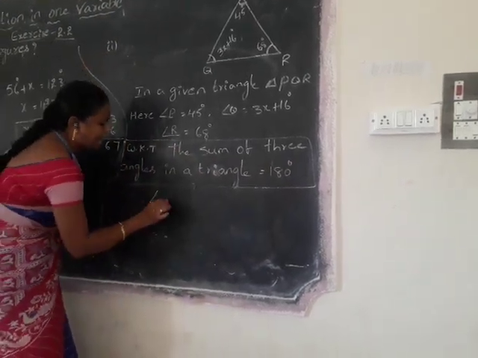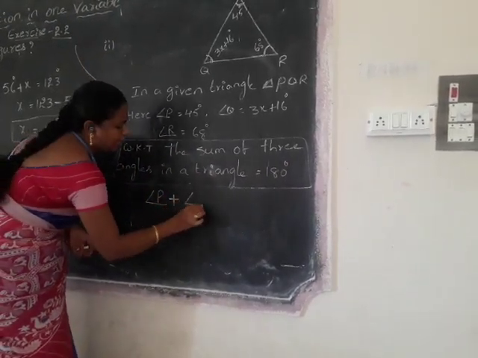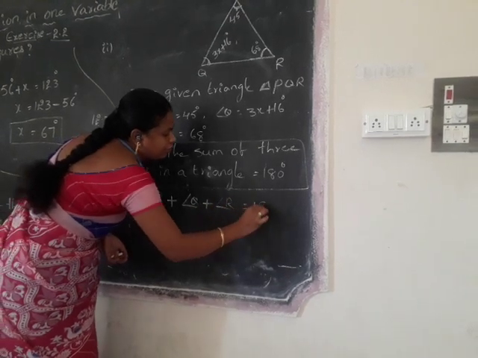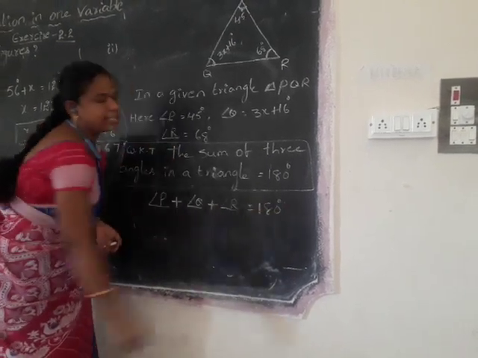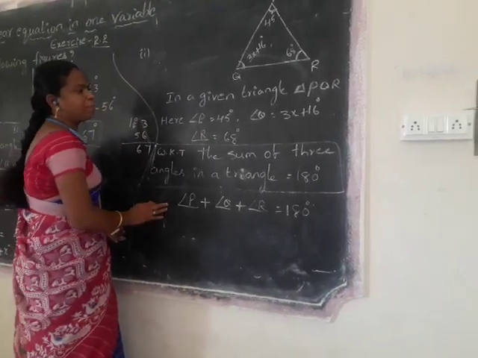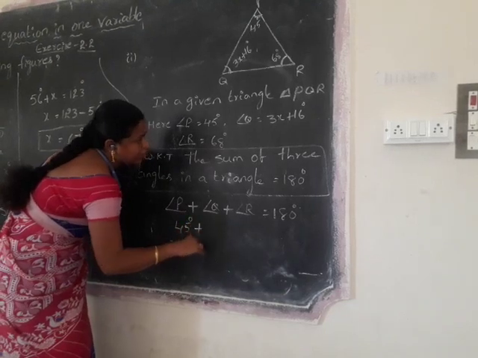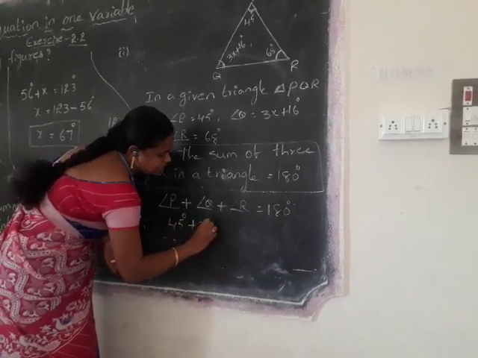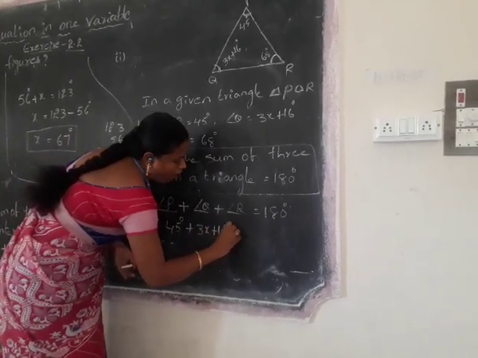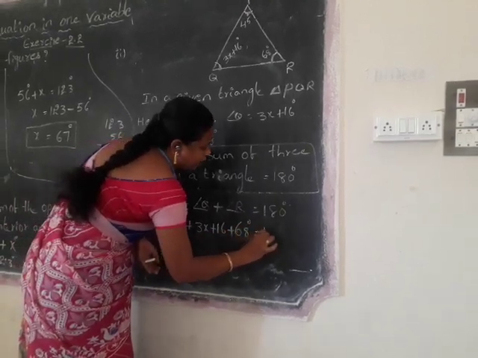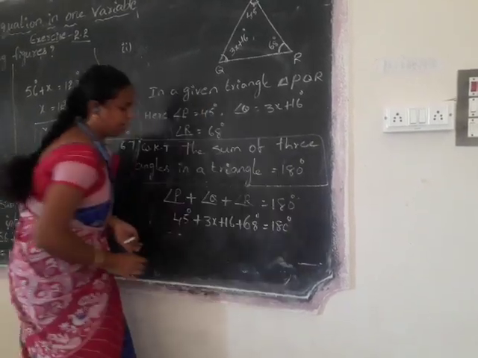Here the three angles are angle P plus angle Q plus angle R equal to 180 degrees. According to the problem, P is 45 degrees, Q is 3x plus 16 degrees and R is 68 degrees.